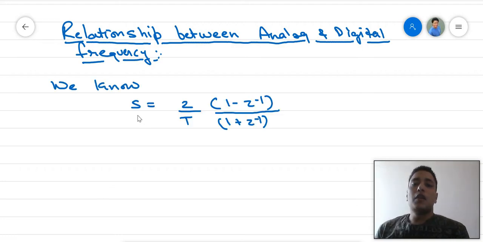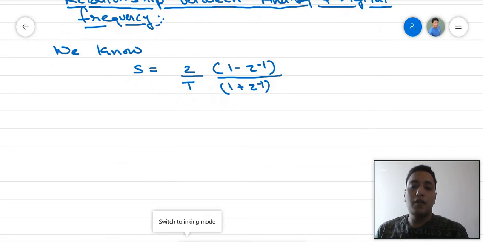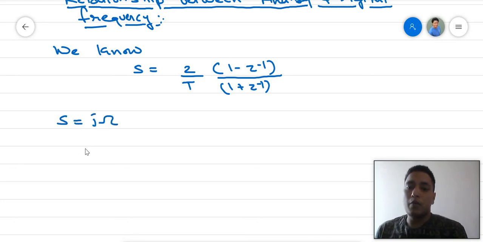We know from the last lecture that S is equal to 2 by T times (1 minus Z inverse) over (1 plus Z inverse), and we will find the frequency relationship between S and Z by substituting S equal to j omega.